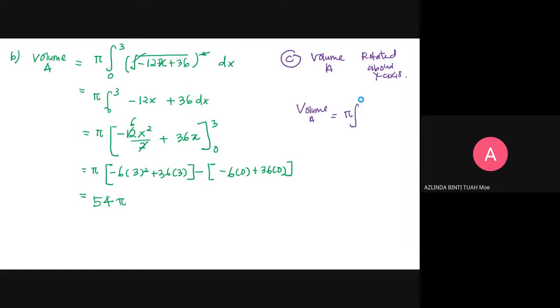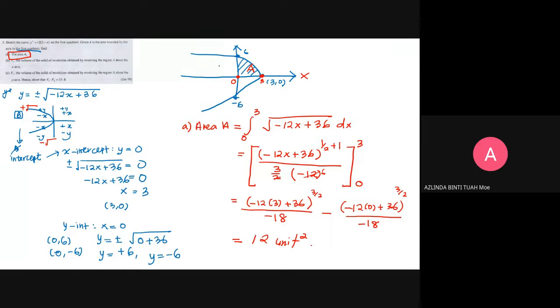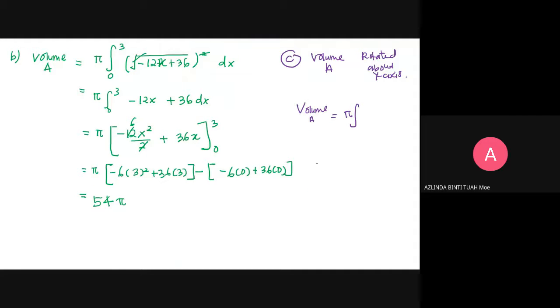You have to go back to the graph to find the lower limit and upper limit. The smallest value of y from the bounded region is 0, and going up, the biggest value of y is 6. So the limits are 0 and 6.